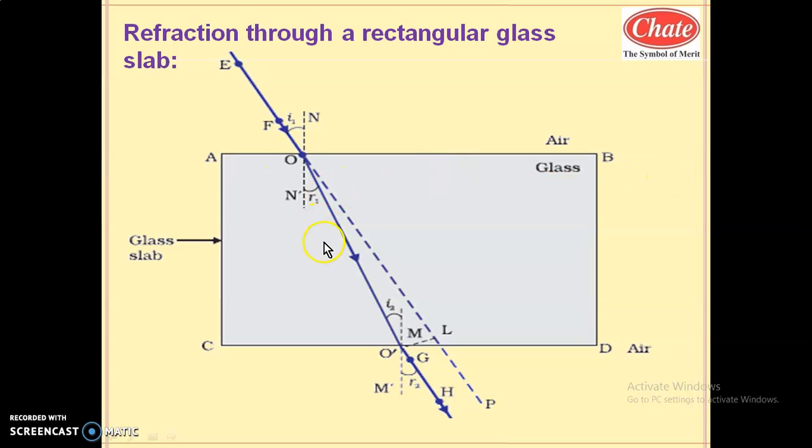Now we have to fix the pins on side CD in such a way that the earlier pins are in a straight line. Observe from the CD side through the glass slab such that this pin is in the same straight line as the E and F pins. All pins should be in a straight line.